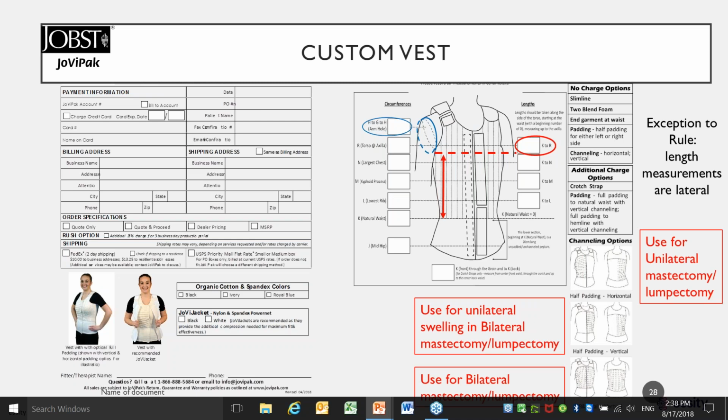Let's talk about the vest order form here for a minute. This order form, of course, needs to be completed in its entirety, as we've talked about before. And basically, you need to choose either the cotton lycra, which is what we usually use, or cotton and spandex, which is the fabric for the JoViPak.